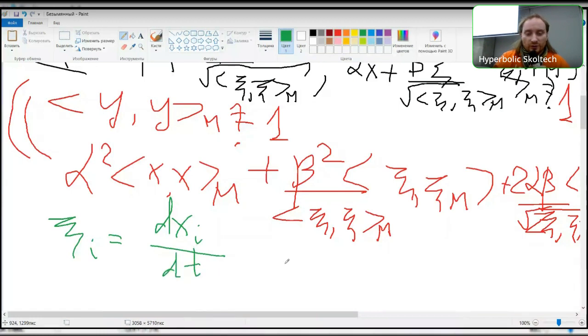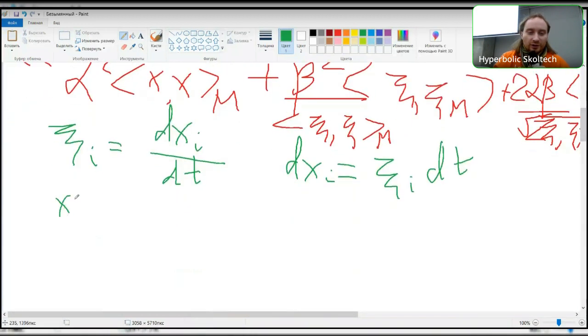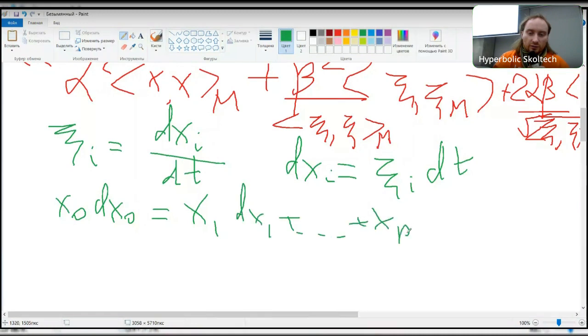So you may think of dxi as psi i multiplied by dt, and this gives you, and let me remind you the formula. Formula is like this. Do you remember it?